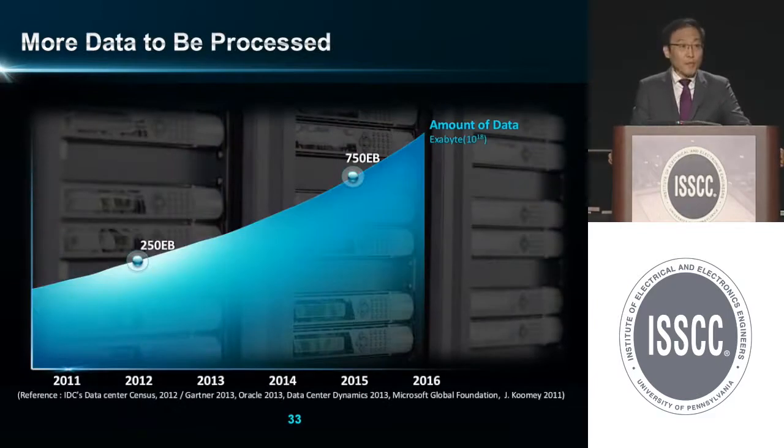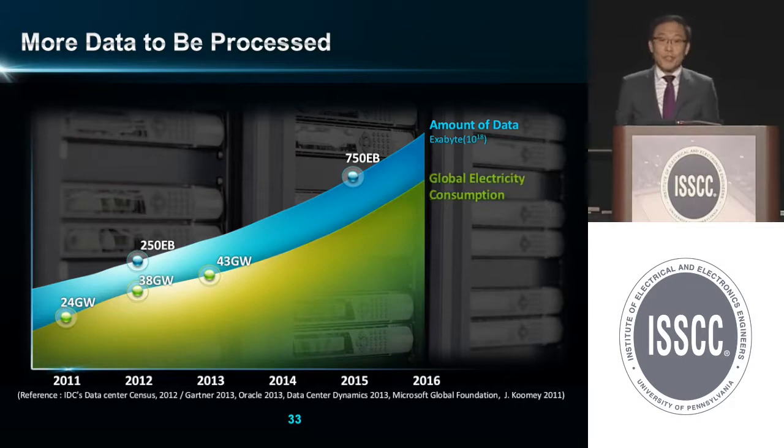As the amount of data produced rapidly increases, so does the workload of data centers. As you can see from the graph, the blue region is the amount of data produced, which during the past 3 years has increased by a factor of 3. The green plot shows power consumed in these centers, which increases at a similar pace.